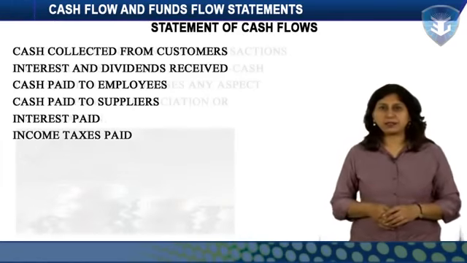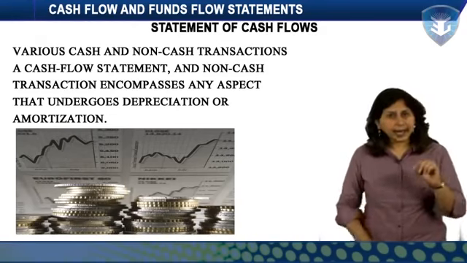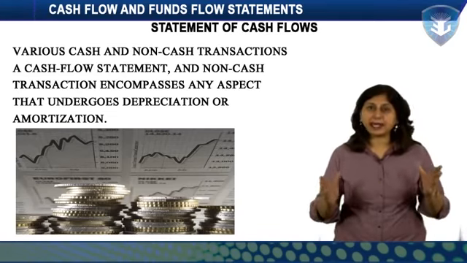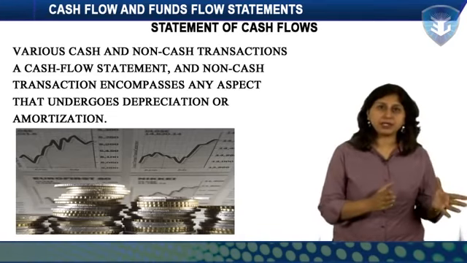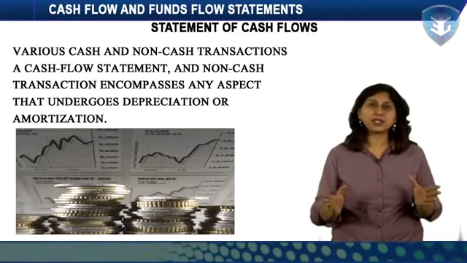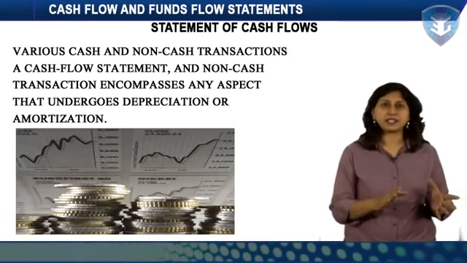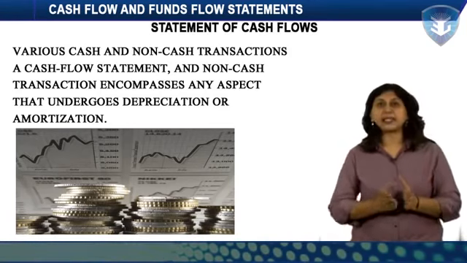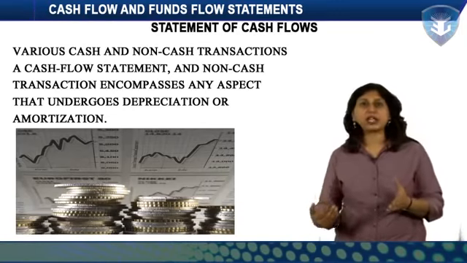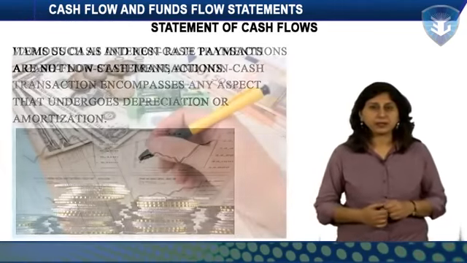and income taxes paid. What about cash and non-cash transactions? In a cash flow statement, non-cash transactions encompass any aspect that undergoes depreciation or amortization. These include transactions such as the conversion of bonds to other types of assets or vice versa, lease agreements that lead to a purchase such as commercial real estate rentals, and the exchange of any asset for another asset that is not cash.